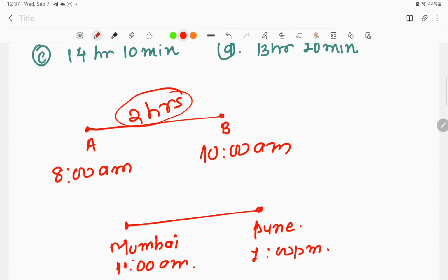So what is the time required for Shubham to reach from Mumbai to Pune? Basically here we can simply understand that he is moving at 11 and reaching at 1. So the time required, what we think, is 11 to 12 is 1 hour and 12 to 1 is 1 hour.